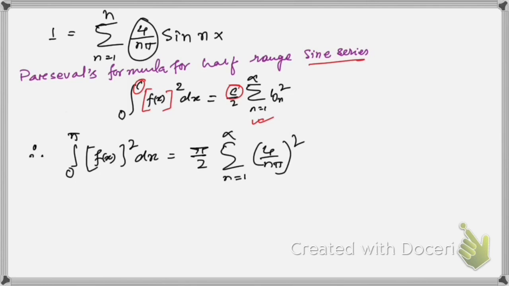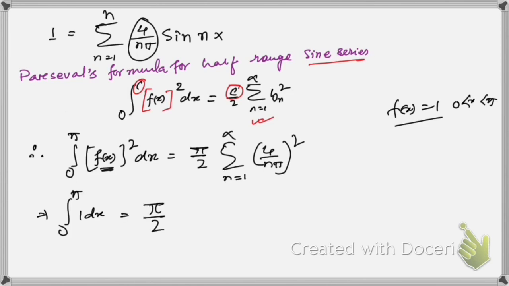So now we have also got that f of x is 1, f of x is equal to 1 for x greater than 0 and less than pi. That's why we're going to put here 1, so that's going to give 1 dx, and here pi by 2. If you put n equal to 1, 2 consecutively, then what will you get? Putting 1 you will get 4 by pi square.